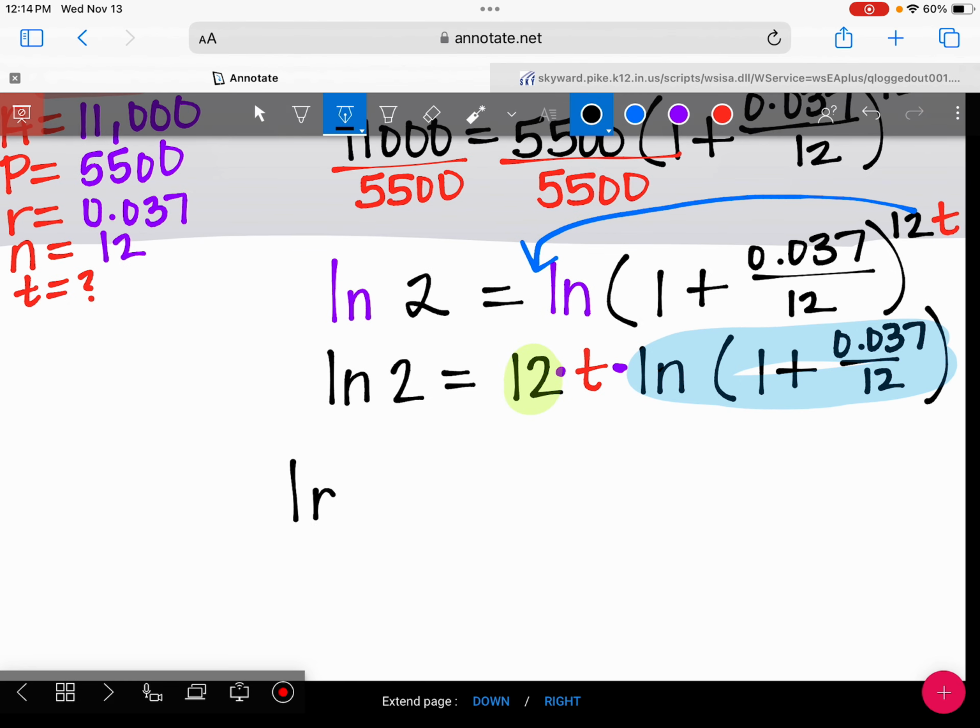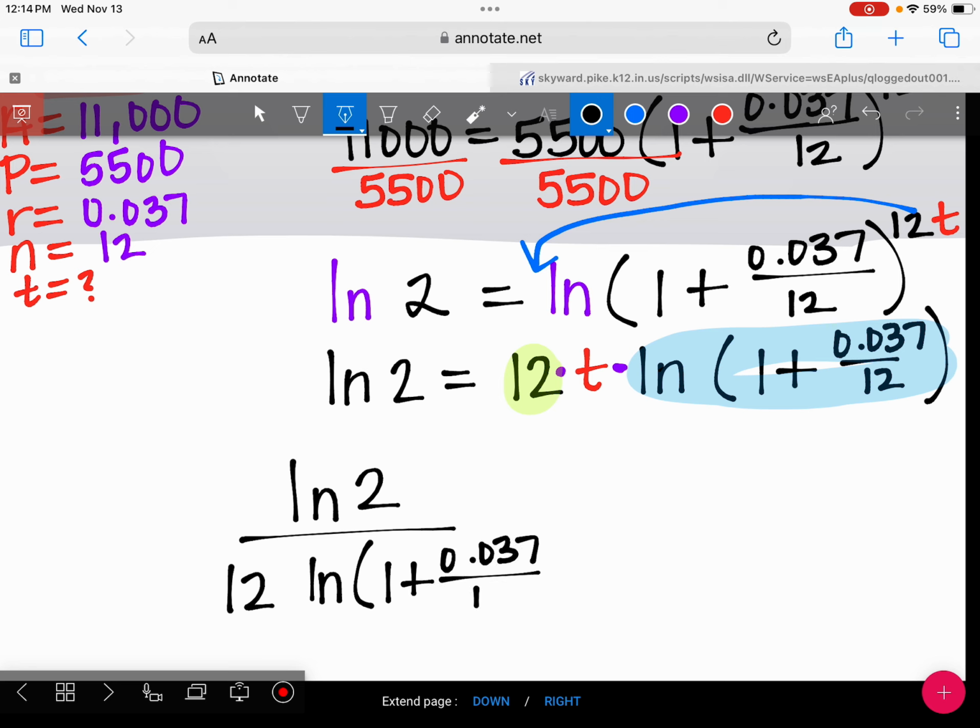What you're going to type in your calculator is the natural log of 2 divided by 12 times the natural log of that parentheses. So you're going to have a fraction and a fraction. And yes, the calculator will do that for you. That is how you want to type it in, just like that. So go ahead and practice doing that.